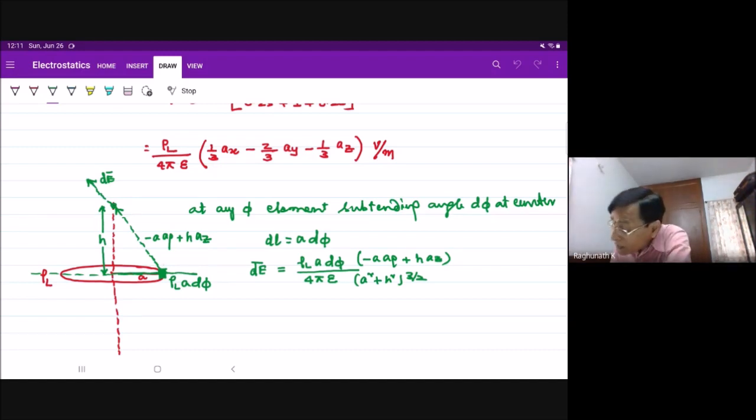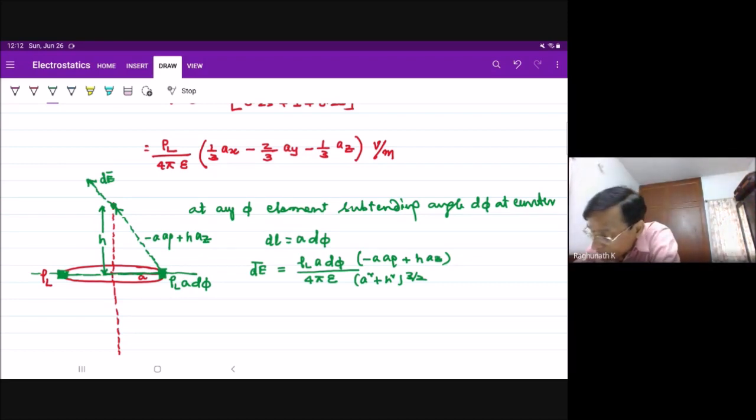For every charge that I considered at any phi, during the integration, there is always a diametrically opposite element that I have to consider. For easy explanation, half of the circle is below, half of the circle is above the page. These two elements are on the page.